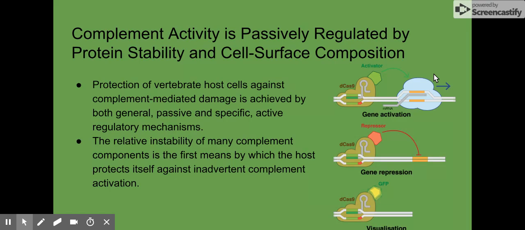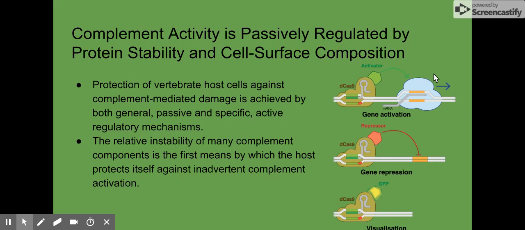The next slide we're going to talk about is that complement activity is passively regulated by protein stability and cell surface composition. Protection of the vertebrate host cells against complement-mediated damage is achieved by both general, passive, and specific active regulatory mechanisms. The relative instability of many complement components is the first means by which the host protects itself against inadvertent complement activation.